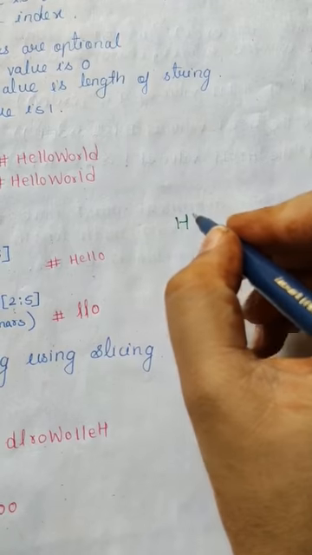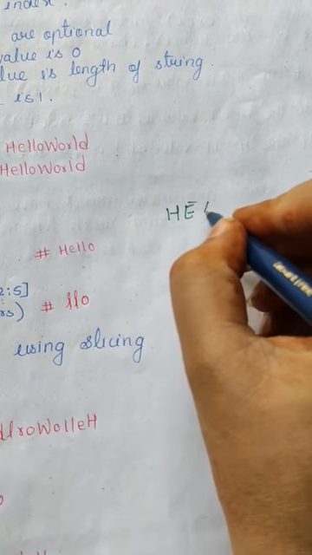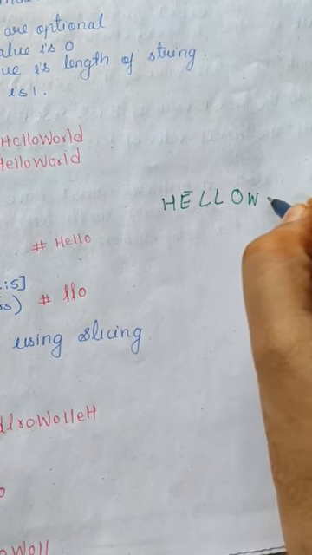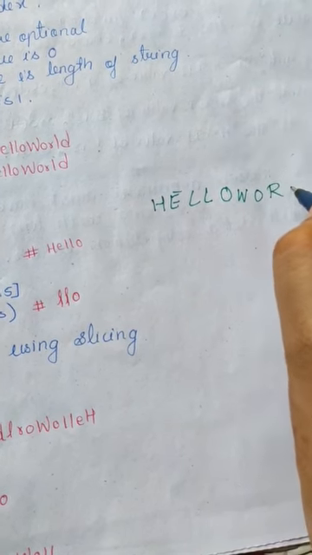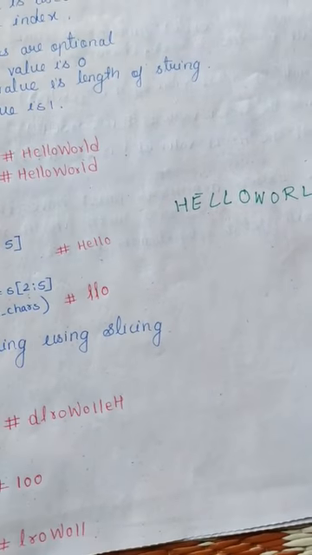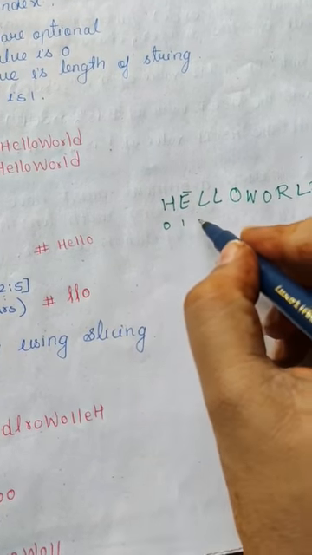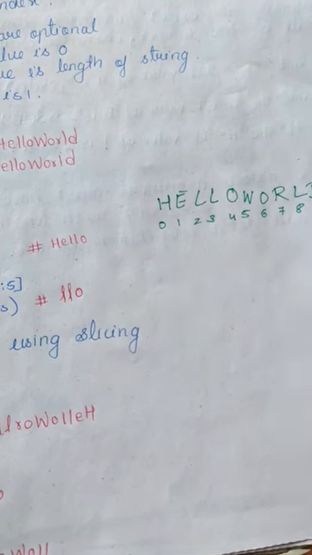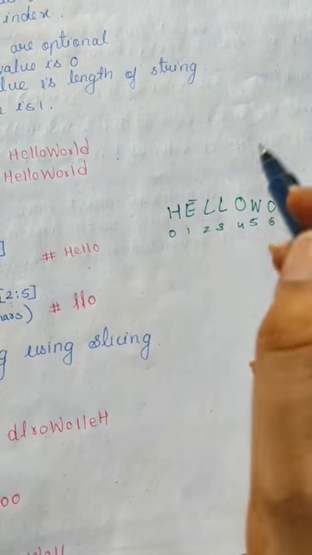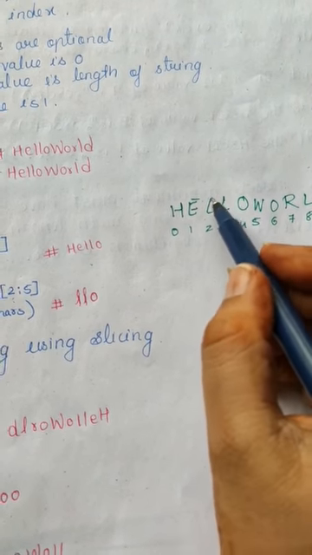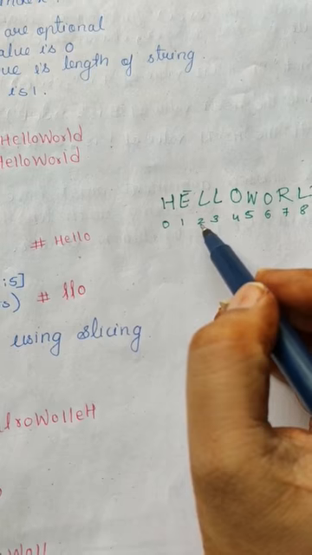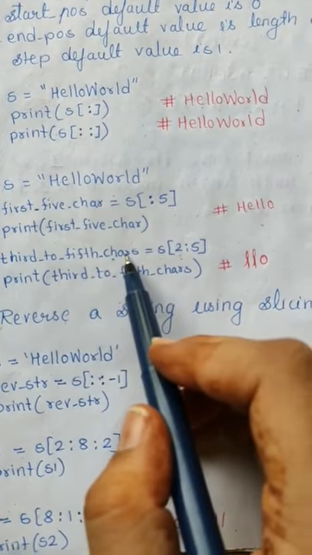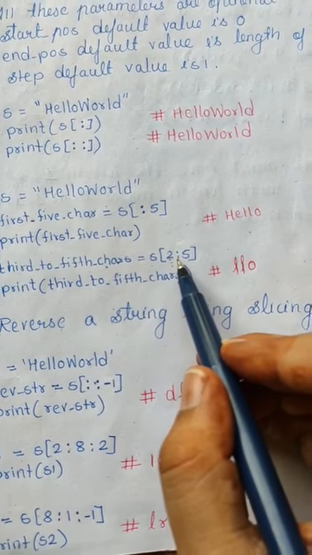If you have HELLOWORLD, now see, 0, 1, 2, 3, this is positive indexing, up to 7, 8, 9. When I say the third character, it is nothing but this L, but its index is 2. That's why when I say third to fifth character, I give 2 to 5.